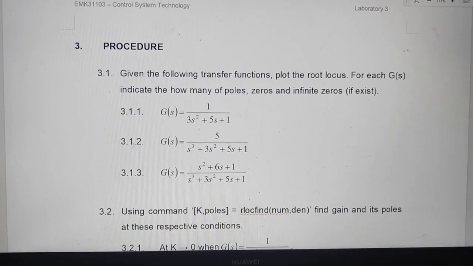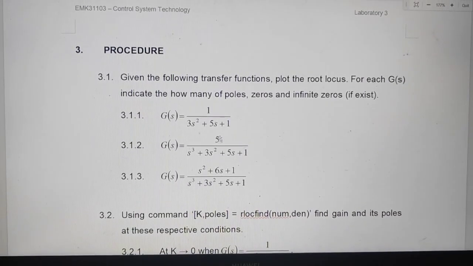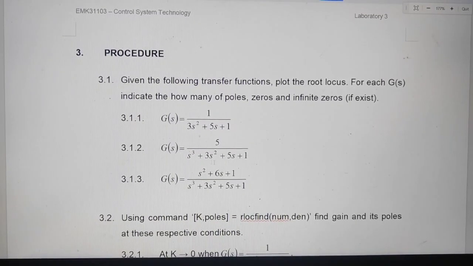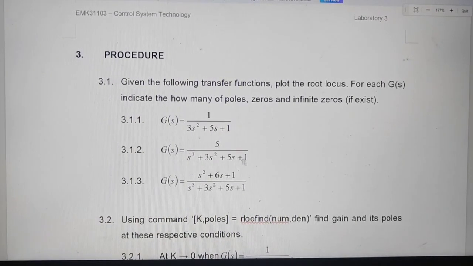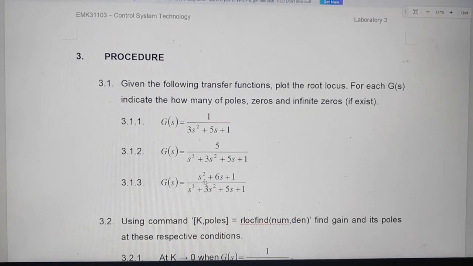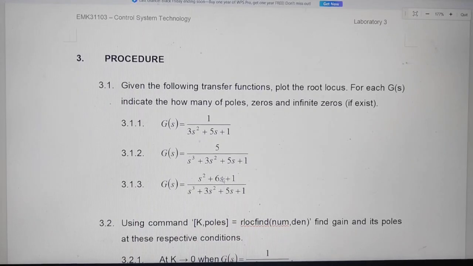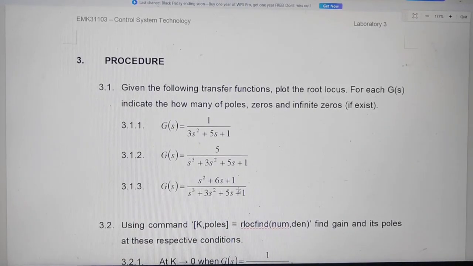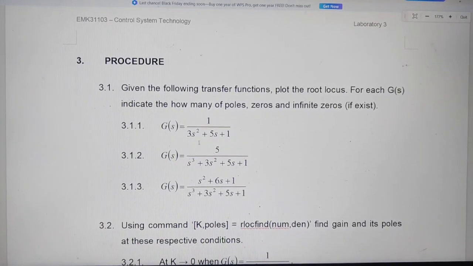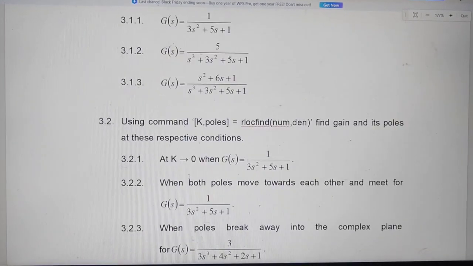And for exercise 3, it is s squared plus 6s plus 1 over s cubed plus 3s squared plus 5s plus 1. So these are the first three exercises.